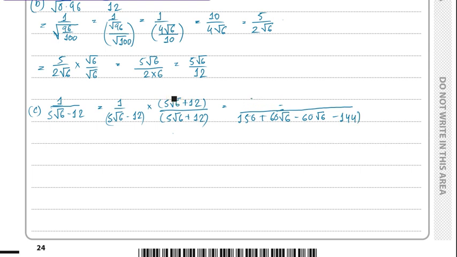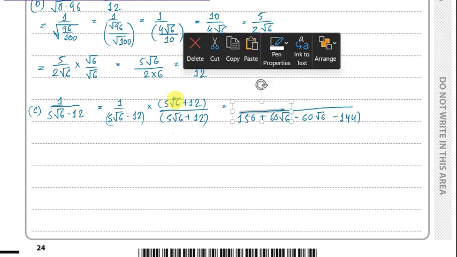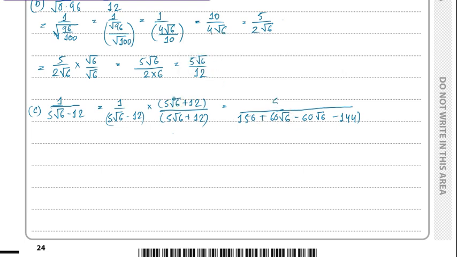Let me just write this in the middle so that it looks good. So it will be 5 root 6 plus 12, and plus 60 root 6 and minus 60 root 6 will get cancelled. So this would be 5 root 6 plus 12 divided by 150 minus 144, which is actually 6.